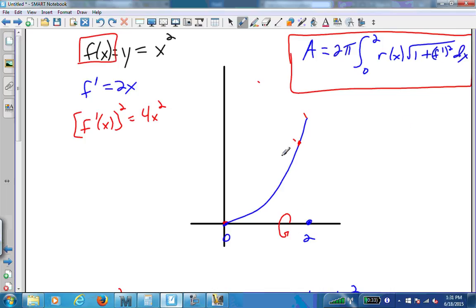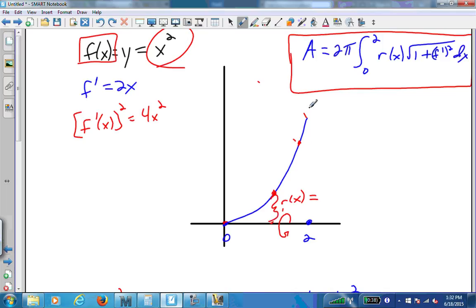So if we're rotating this way, and we draw our sample element in, then the radius will be from here to here. Now the distance from the x-axis up here, that's y. That's representing our radius, but that's a y value. And notice for different x's, y is given by this formula. So let's go back and say that again. Our radius, as a function of x, is the distance from here to here.